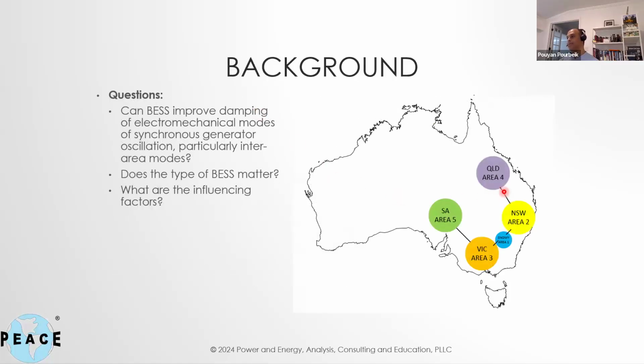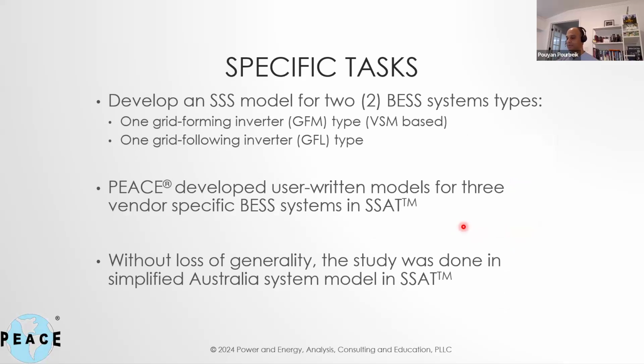I mean, rather than modeling the entire Queensland grid in detail, this may be half a dozen buses with some large aggregated synchronous generators and so on and so forth, so that it's a reduced order in that sense, but the models are still these detailed, in many cases vendor-specific, models.